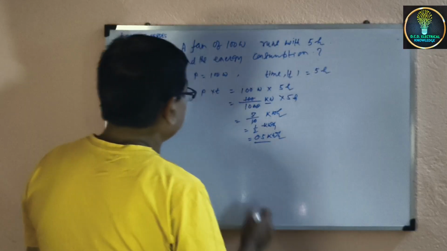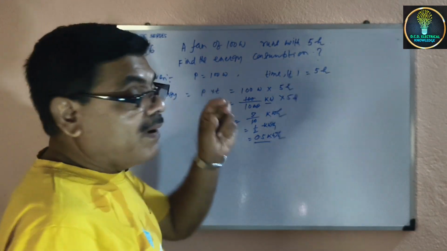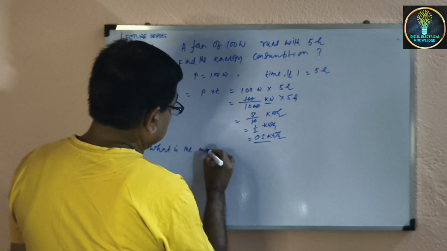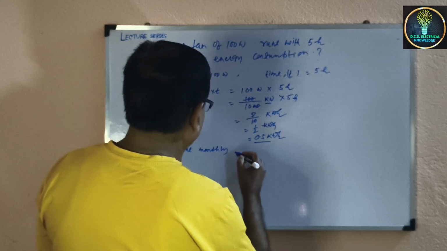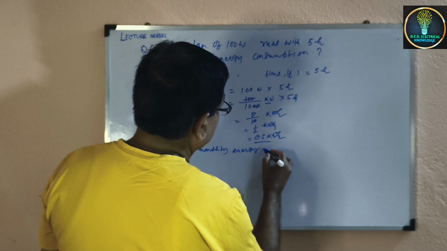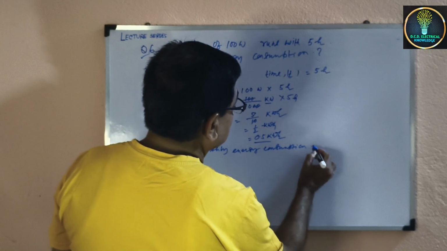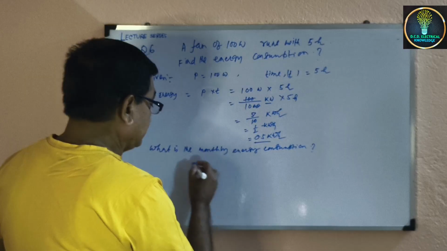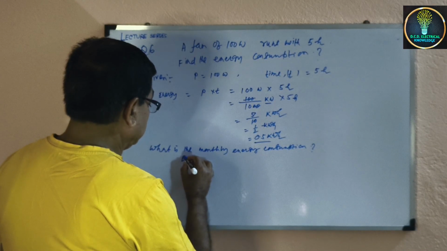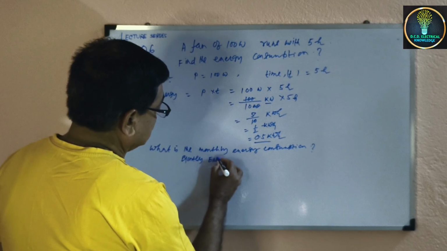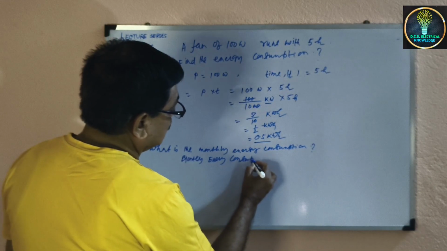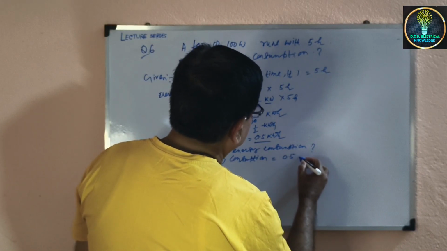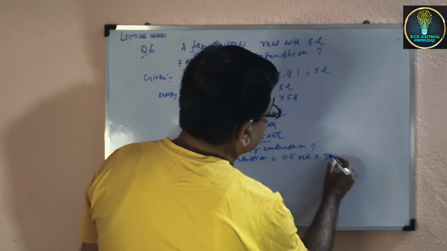In this question, if we ask what is the monthly energy consumption of this load, then we can write monthly energy consumption is equal to 0.5 kWh into 30 days.